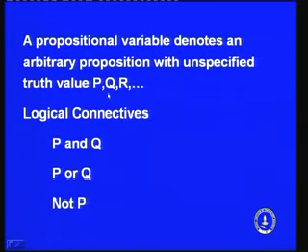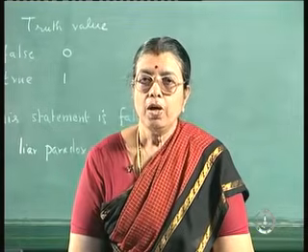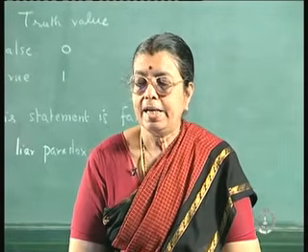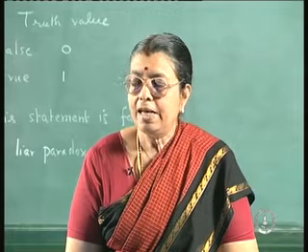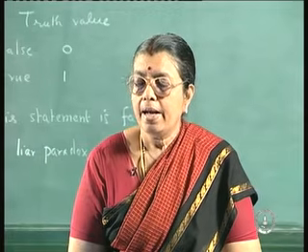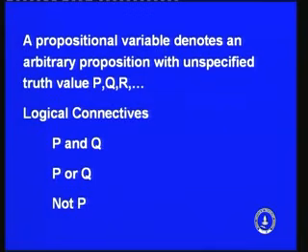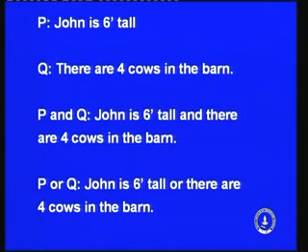Then when you have propositional variables or actual propositions, you can connect them with logical connectives. There are several connectives. First we shall study 3 of them: and, or, and not. Consider the proposition P, John is 6 feet tall, and the proposition Q, there are 4 cows in the barn.